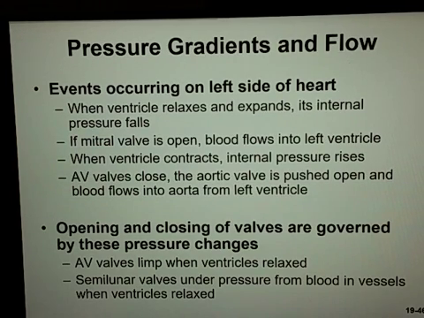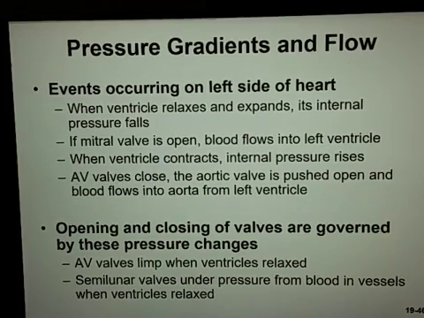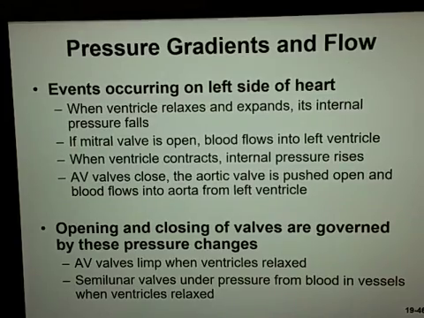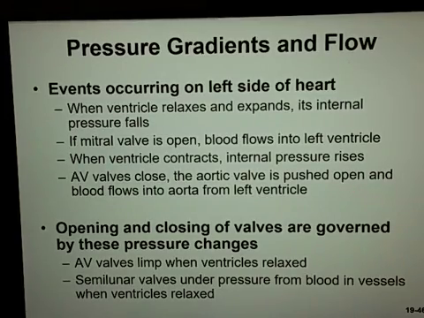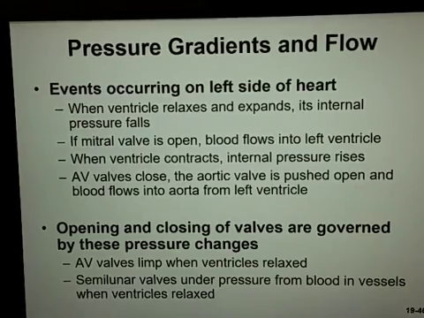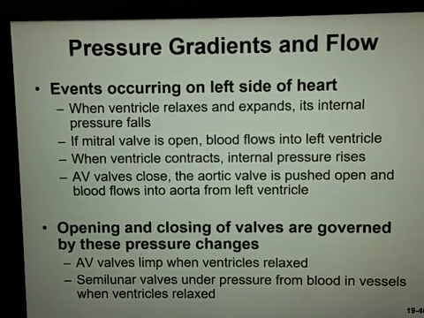The pressure is going to begin to increase in that left ventricle. When that pressure reaches a certain point, those AV valves that were allowing the blood to flow from the atria to the ventricle are going to close, and then the aortic valve, the semilunar valve, will get pushed open, and when the heart contracts, the blood will get pushed into the aorta from that left ventricle.